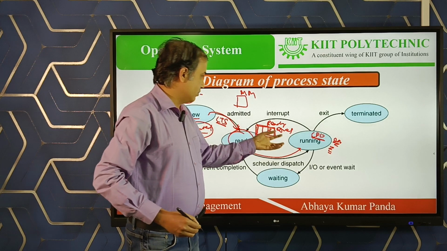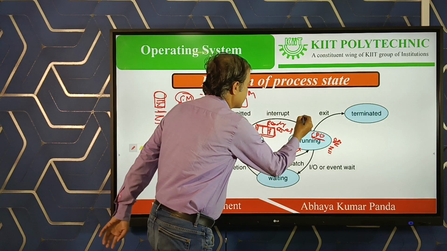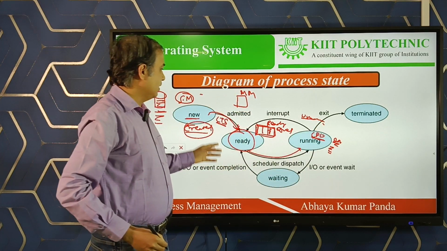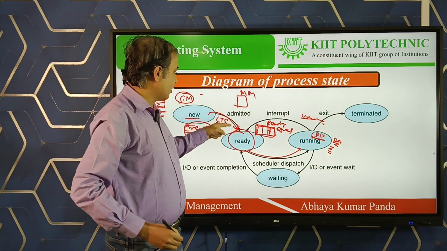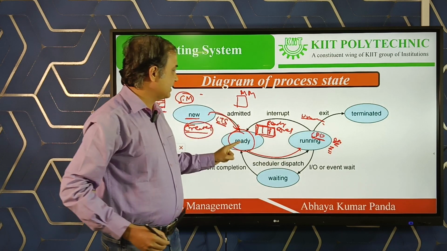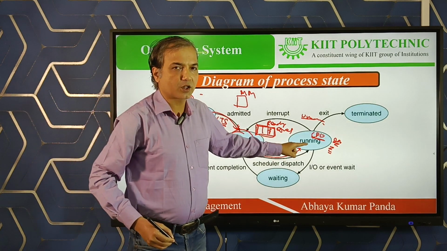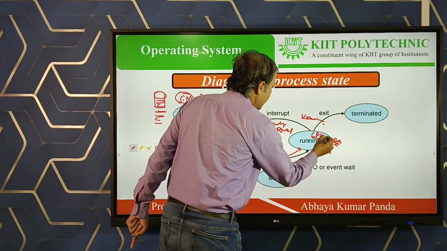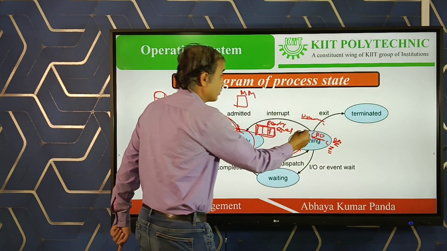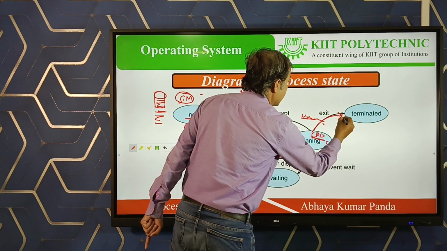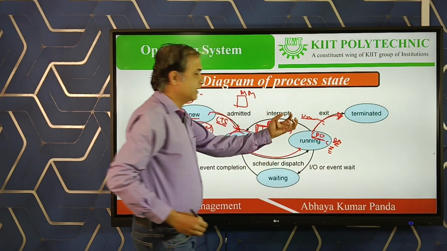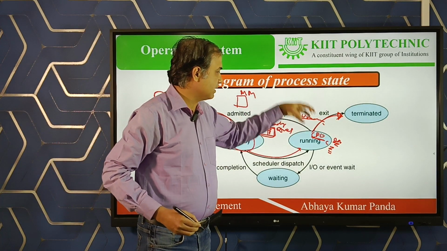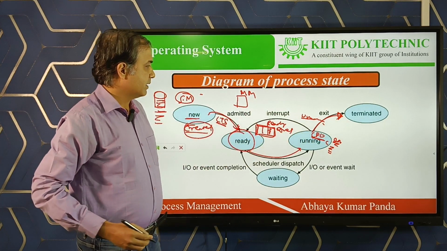Let us assume we are working on a uniprocessor system, so the operating system transfers one job from the ready queue to the running state, one after another. After completion of that process, it is transferred to the terminated state. Terminated state means it releases all the resources used by that particular process.